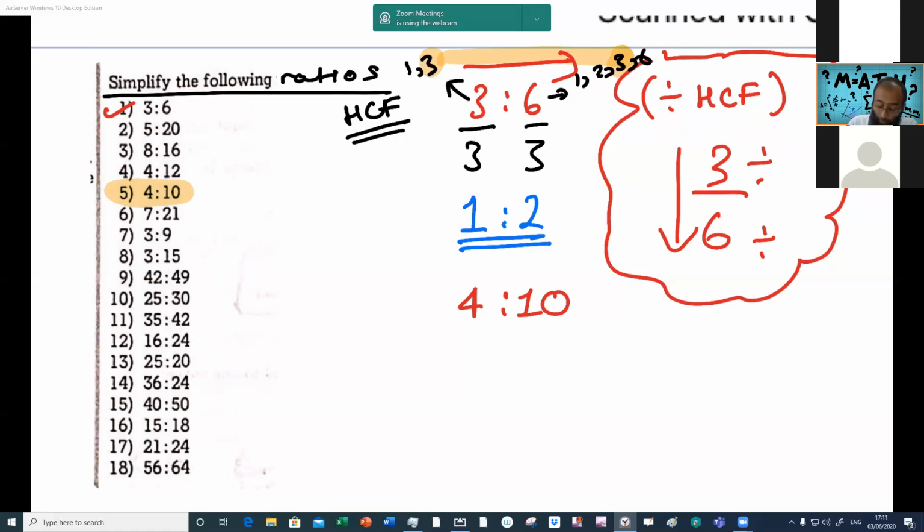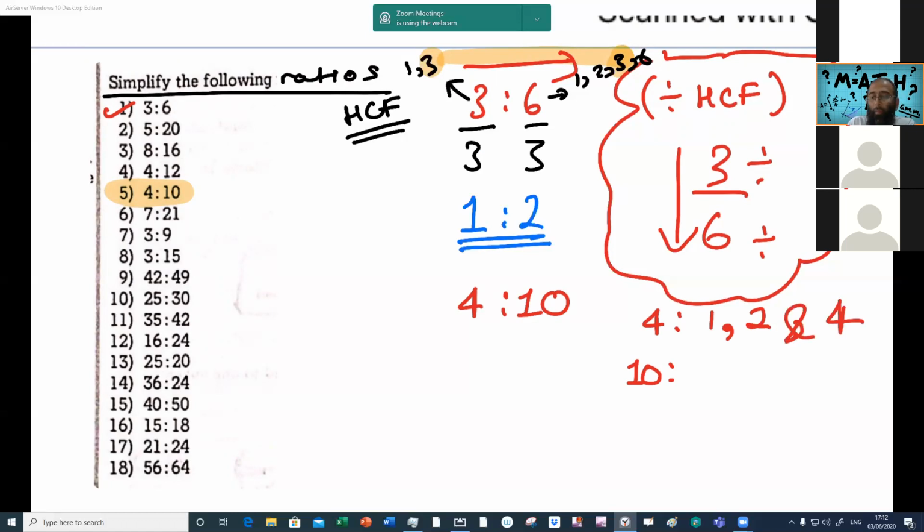So, Anam, first of all, what are the factors of 4? The factors of 4 are 1, 2, and 4. Those are the numbers that 4 will divide by. Now what are the factors of 10?